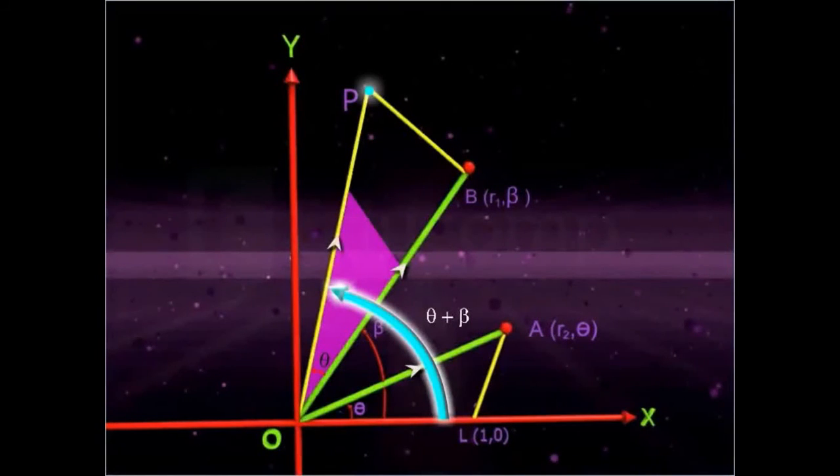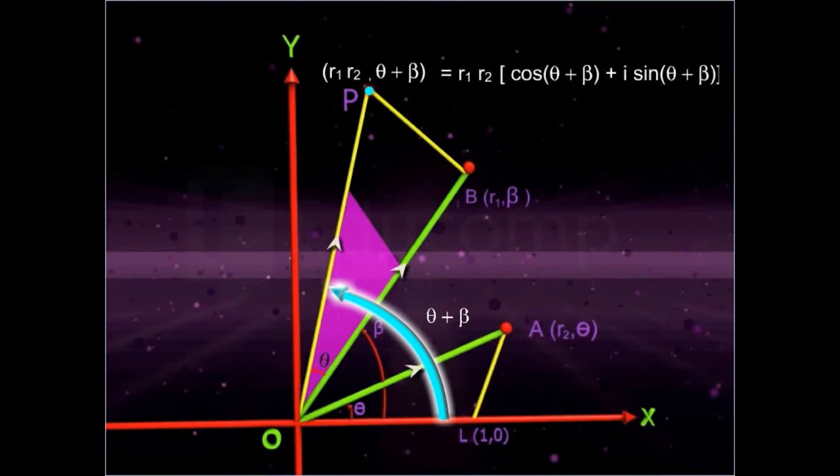Thus, P is the point whose modulus is r1 r2 and argument is theta plus beta, and it represents the product of these two complex numbers. So, the polar form of the complex number represented by vector OP is r1 r2 into (cos (theta plus beta) plus iota sin (theta plus beta)).